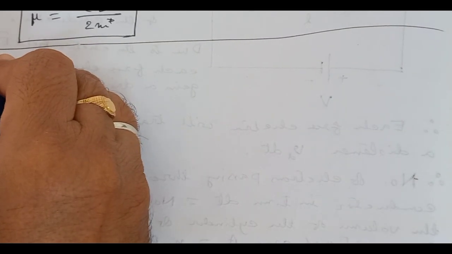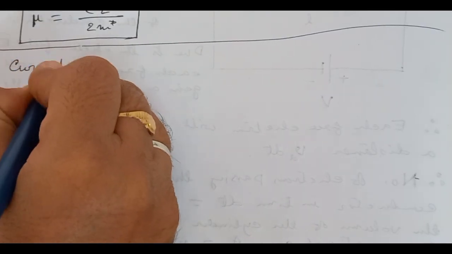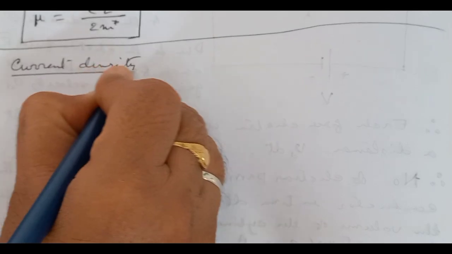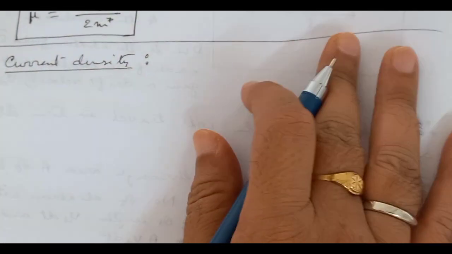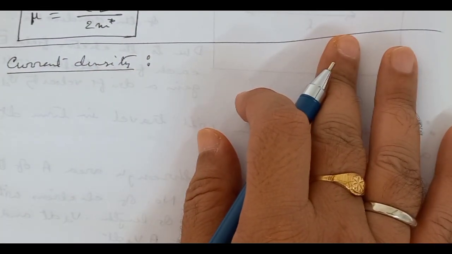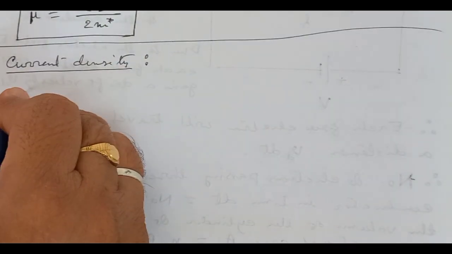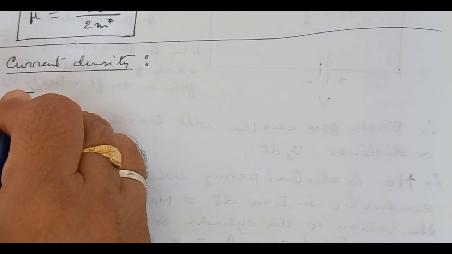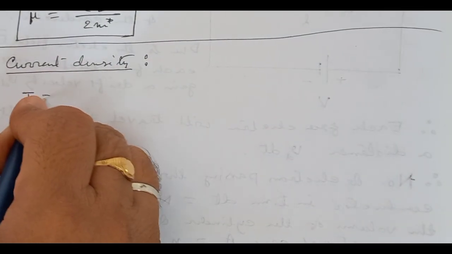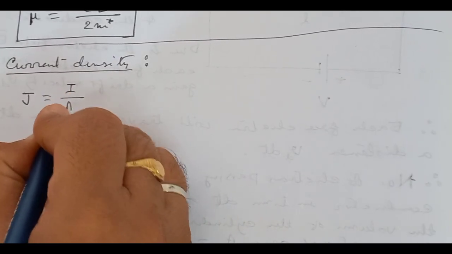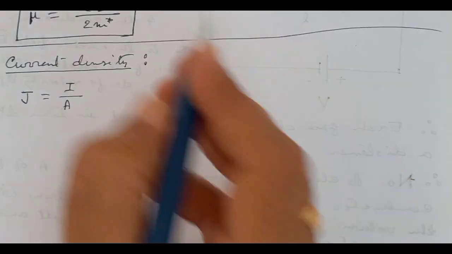Now, current density. Actually, current flowing perpendicular to unit area of a conductor is called the current density of that conductor at that point. Therefore, we can write J, the current density, is equal to I, the current, by A, the cross-sectional area of the conductor.